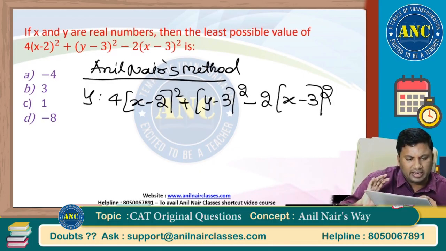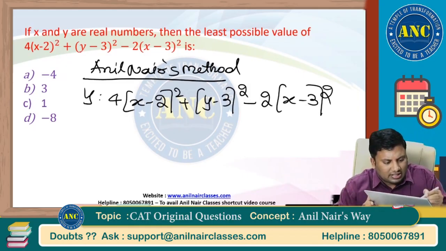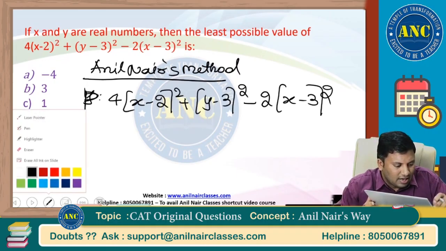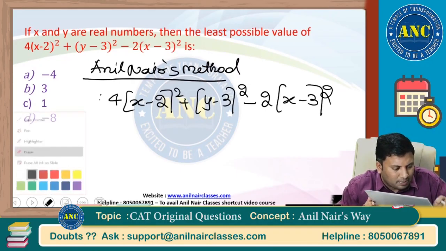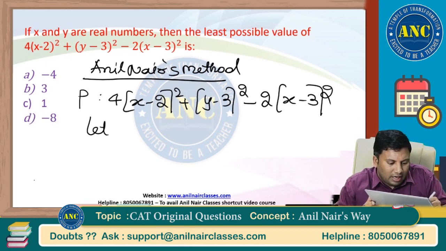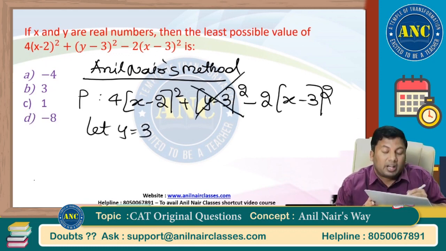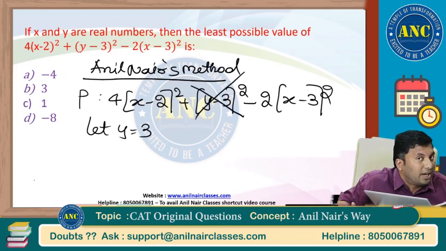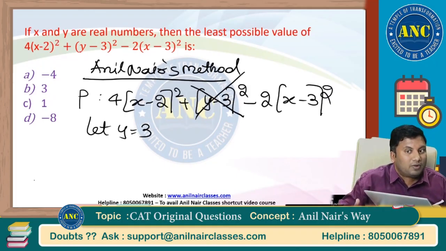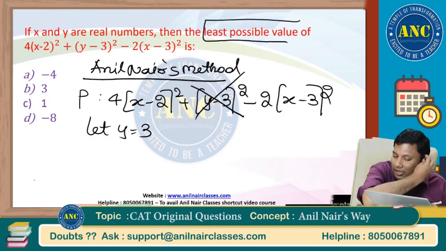Just by looking at the question, there are two terms with x, so I will condense it. Let me call it as p because there is y here. Let y equal 3. If I take y equal to 3, because (y minus 3) whole square has minimum value 0 at y equal to 3, and I want the minimum value, so I can take y equal to 3.